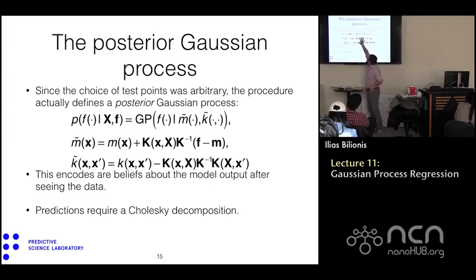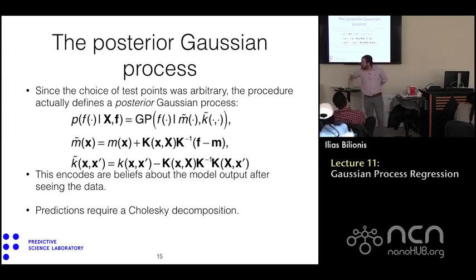If you look at the mean function, it is the mean function you started with plus a correction that depends on your data. So you see your observed outputs go there. And this is your covariance function, which is a correction of your previous covariance function, corrected by this quantity right here. Okay? I know that doesn't make sense, but you'll see it.